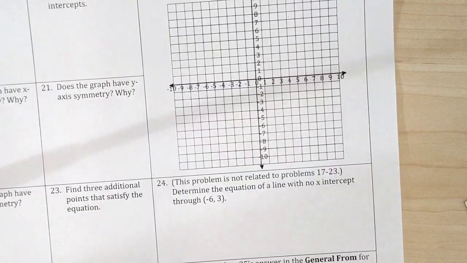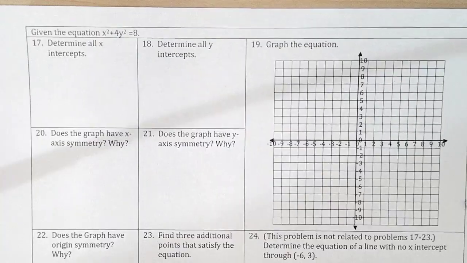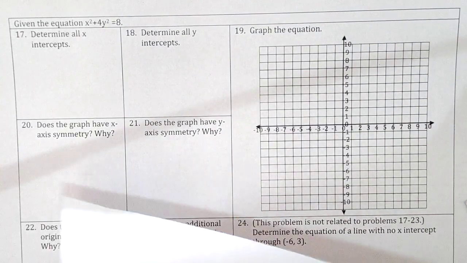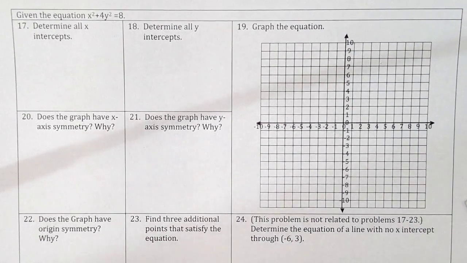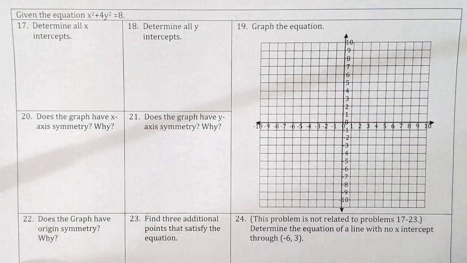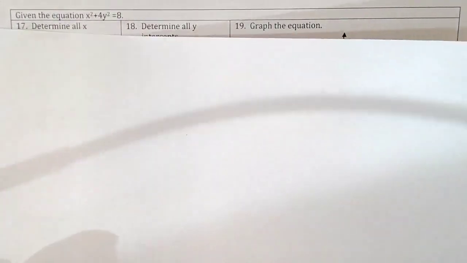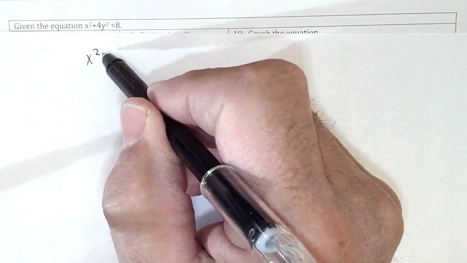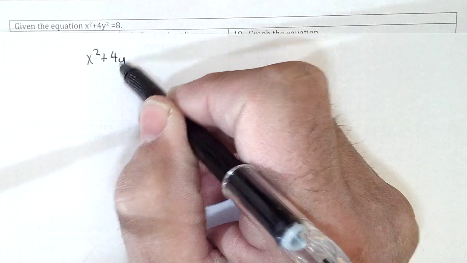Now, something that you may not remember very well, or talked very much about in other classes, is symmetry. Now, I've given an equation here that says x squared plus 4y squared equals 8.